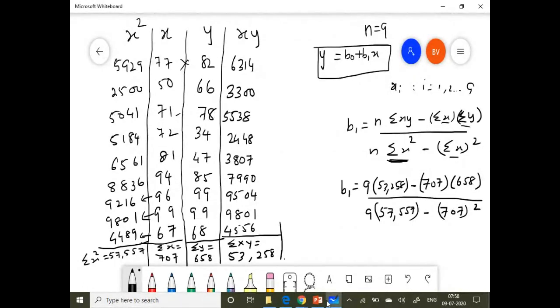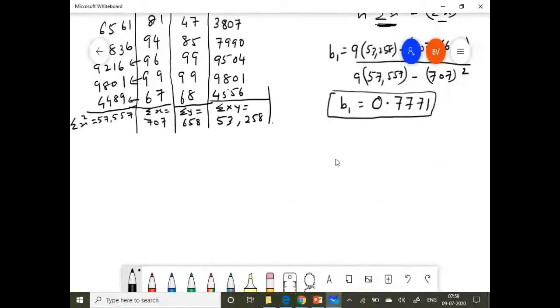Use your calculator. The answer will be b1 is 0.7771, three sevens followed by 1. That's b1. Okay. Now one more constant remains to be found, b0.